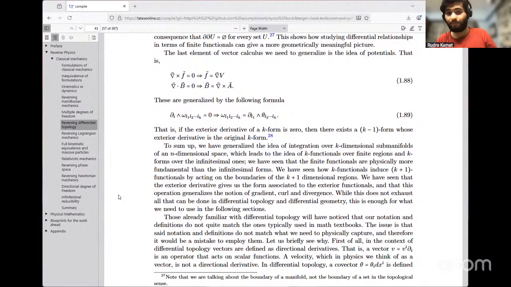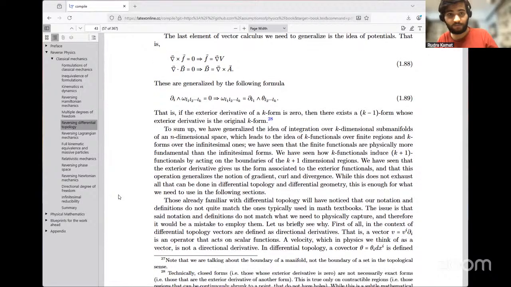The last element of vector calculus we need to generalize is the idea of potentials. That is, curl of F equals 0 implies F is the gradient of V, and divergence of B equals 0 implies B is the curl of A. These are generalized by the following formula, where the exterior derivative of omega with k indices equals 0 implies omega with k indices equals the exterior derivative of theta with k minus 1 indices.